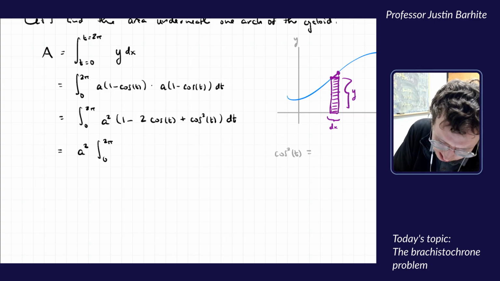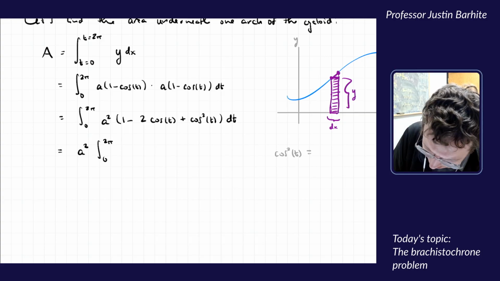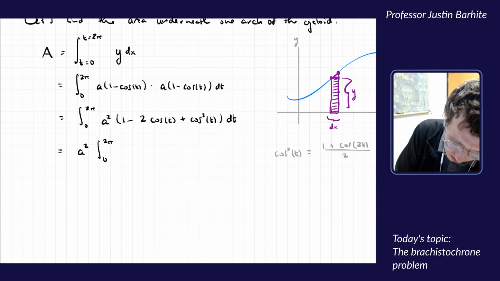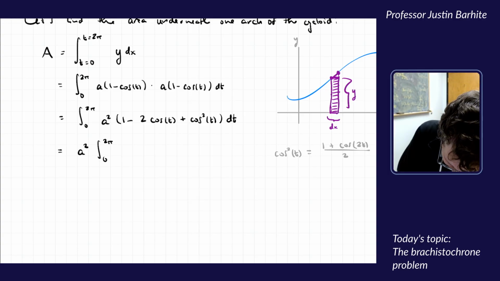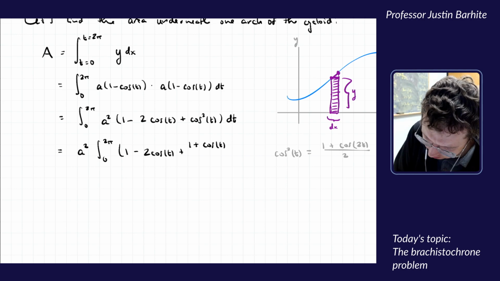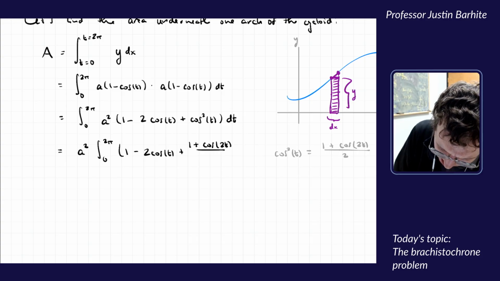So the way we integrate a cosine squared, which is the only term here that's difficult to integrate, is we use the identity cosine squared of t is 1 plus cosine of 2t over 2. So I have 1 minus 2 cosine of t plus 1 plus cosine of 2t over 2.